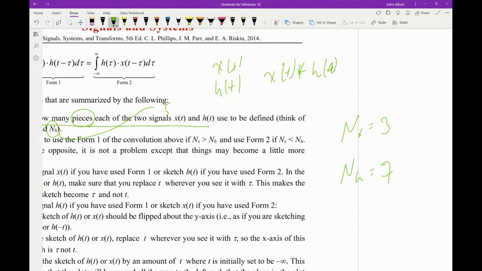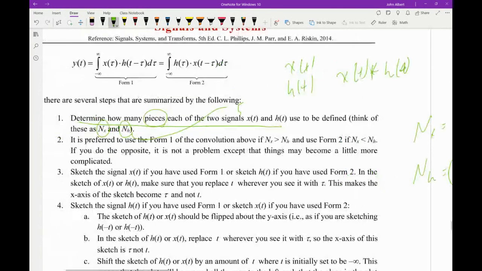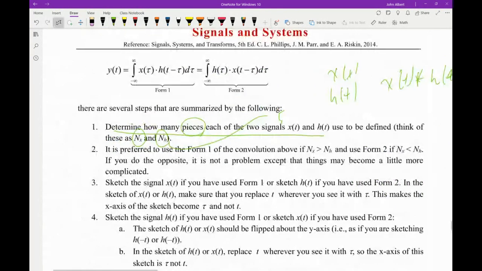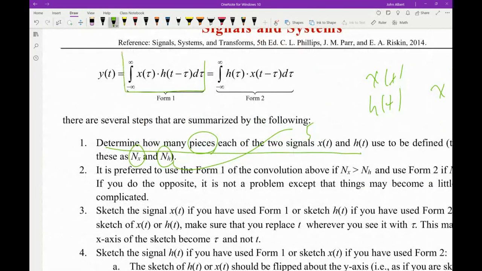Now, what's the implication of this? If you have a situation like this where one of the functions is defined over more pieces than the other, there are generally two forms of the convolution. Either the first form that I mentioned a few minutes ago, or the second form where you reverse the location of the x and h.